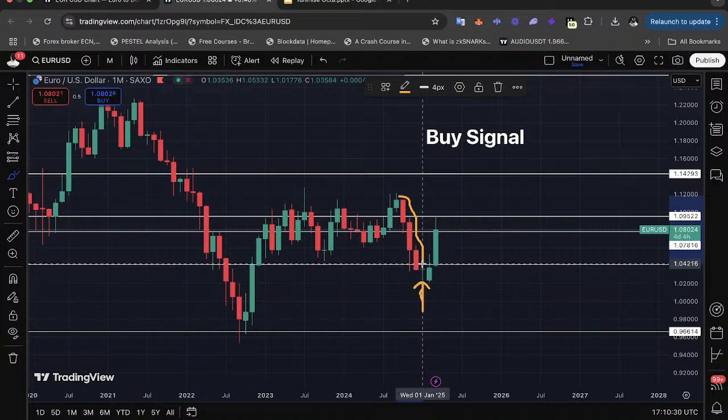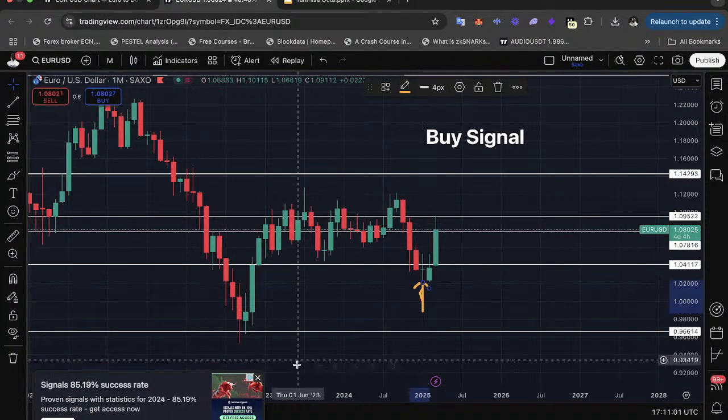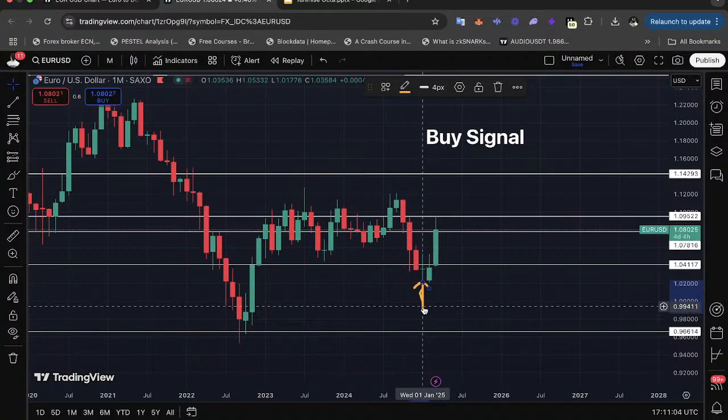Whenever you see a doji at a significant market structure, either a support zone or resistance zone, it depicts a market reversal. So the doji appearing at this level indicates market reversal, as you can see here.